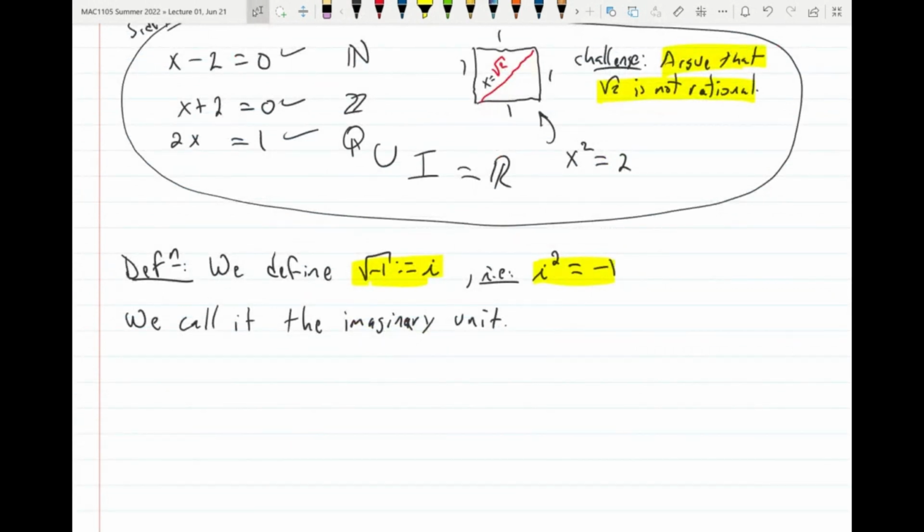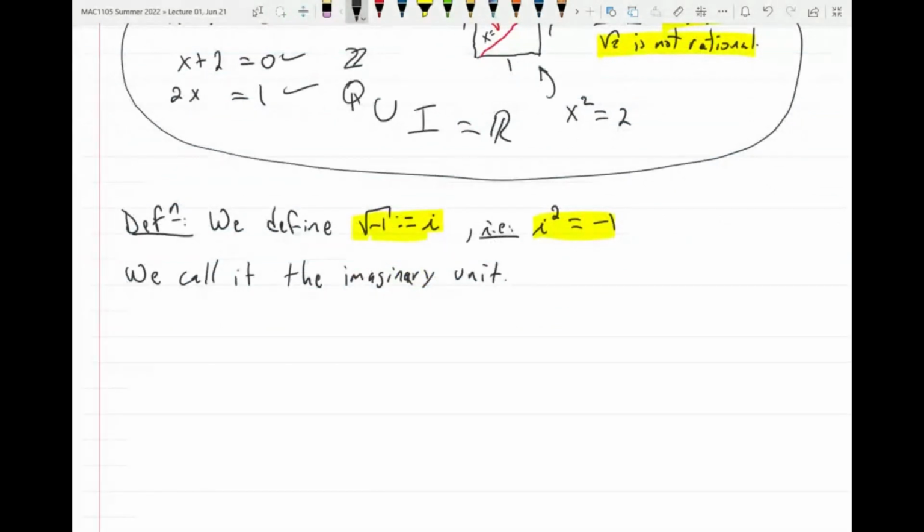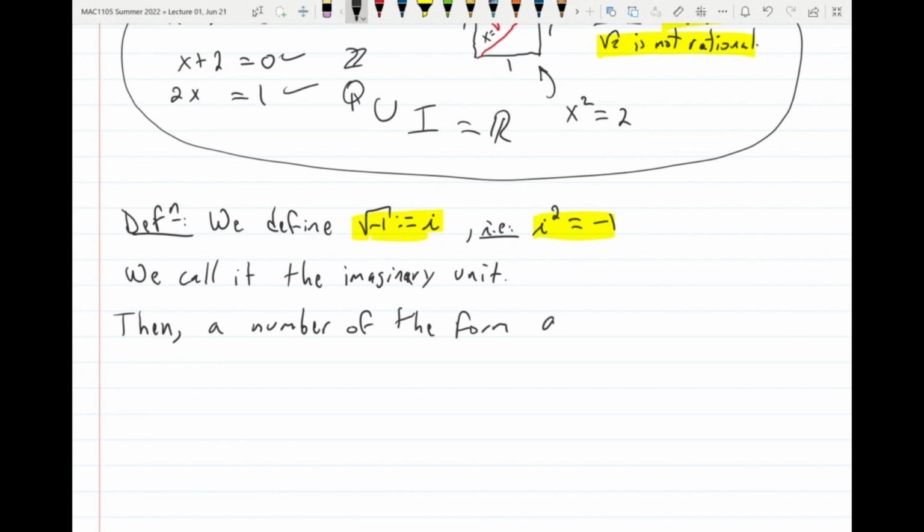Okay, so we call it the imaginary unit. And then the moment that we have this, we can enlarge our perspective, because now a number of the form a times i, where a is a real number, can be made by multiplying i by any real number, and we call it an imaginary number.